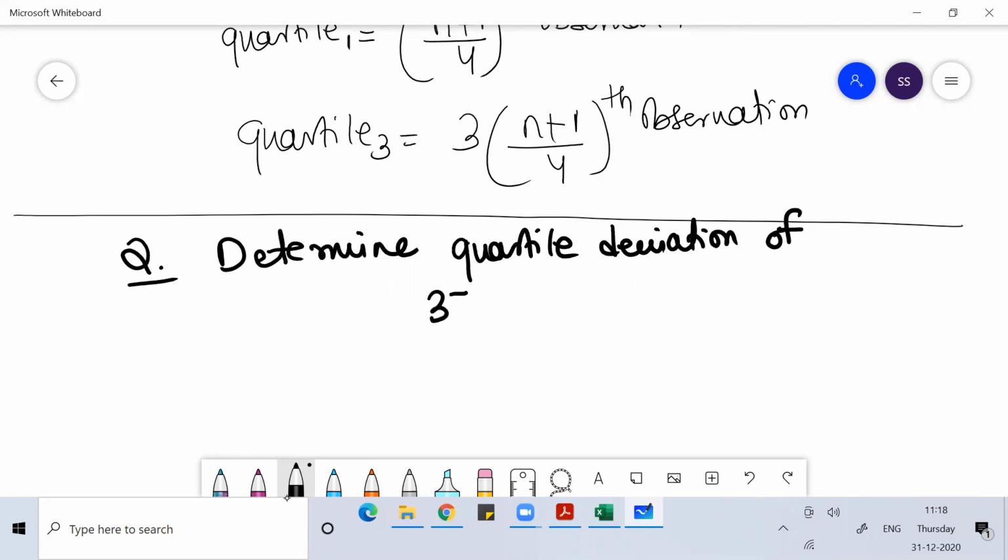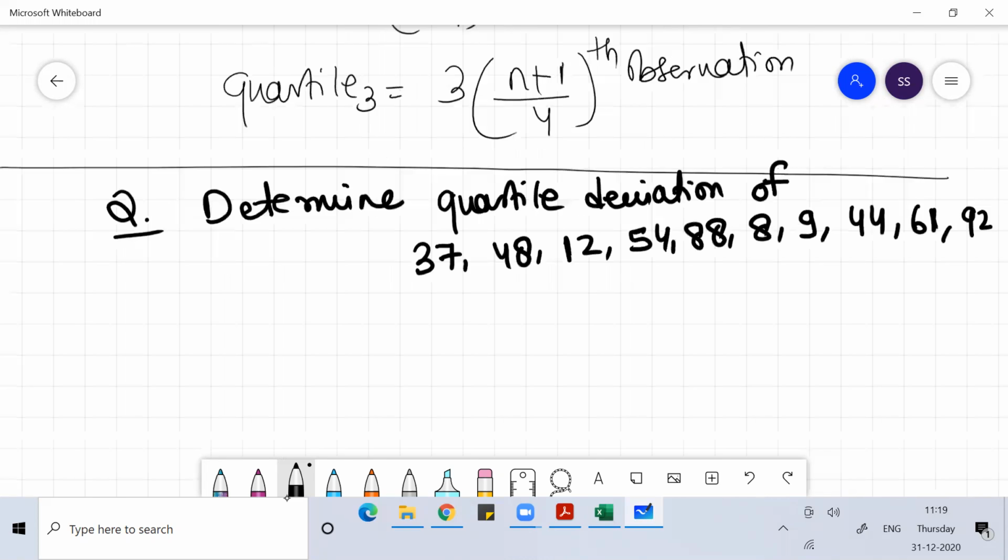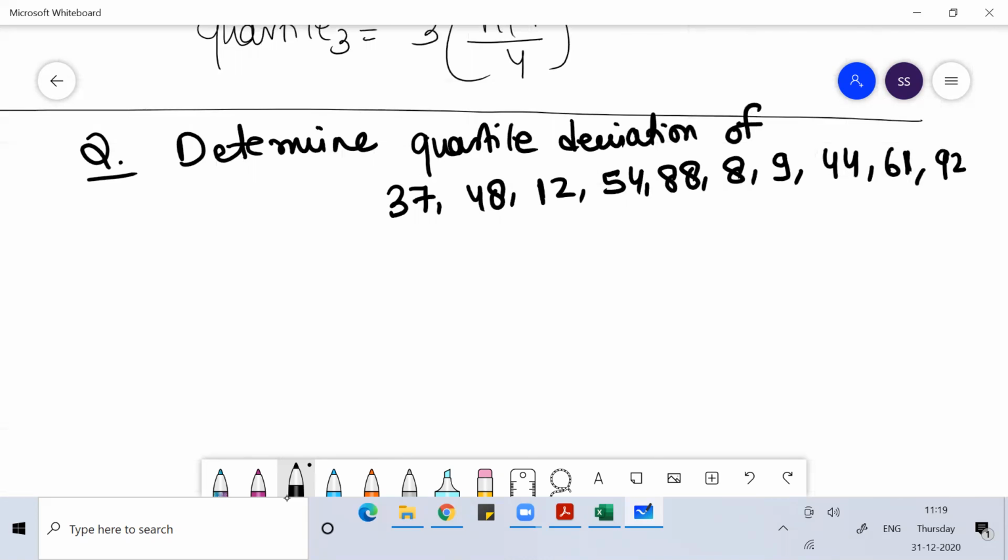I'm writing the numbers 37, 48, 12, 54, 88, 8, 9, 44, then 61, then 92, something like this. Determine the quartile deviation of these numbers. Suppose this is the question.